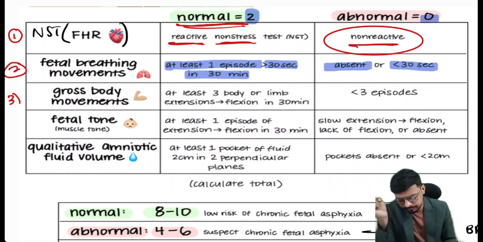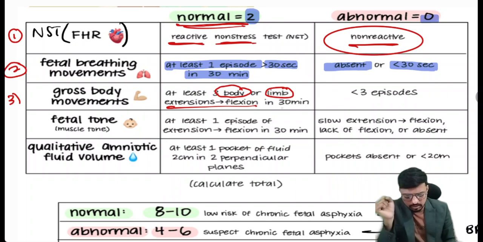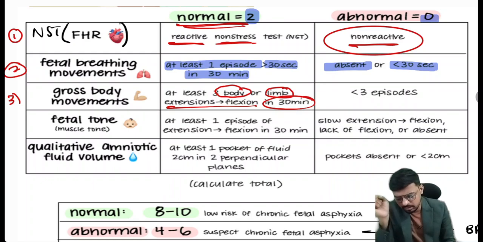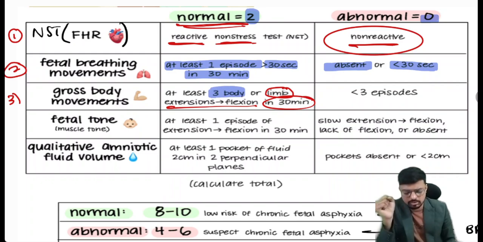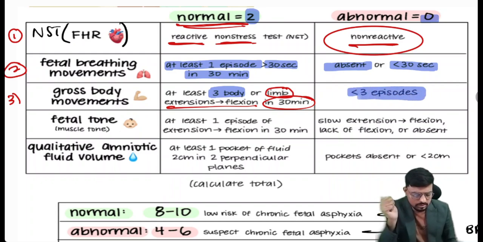At least three body movements, or limb extensions or flexions, in the last 30 minutes of the biophysical score with the help of the USG means it is normal. If we do not get gross body movements, or get fewer than three movements in 30 minutes, that is abnormal and we give a score of 0.